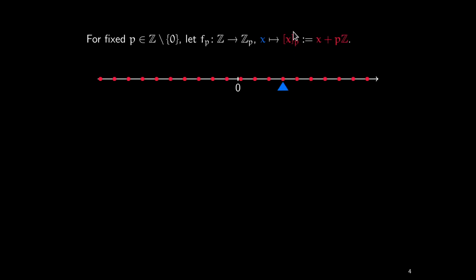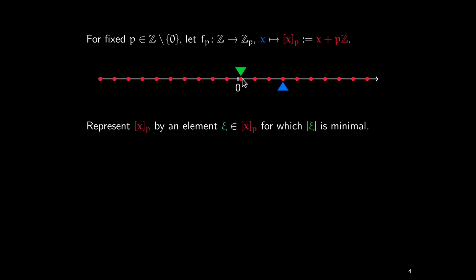And then if you go to the equivalence class, then you know that the equivalence class contains all integers whose distance to x is a multiple of p. So maybe these are these red points here. And then an equivalence class is typically represented by the point that is closest to the origin. So that's here the green triangle.